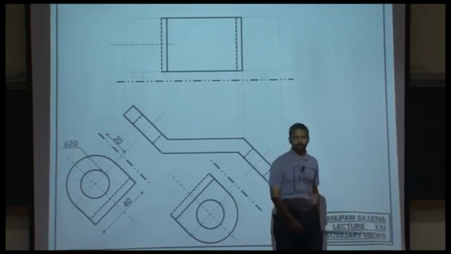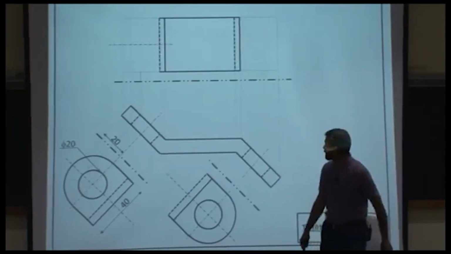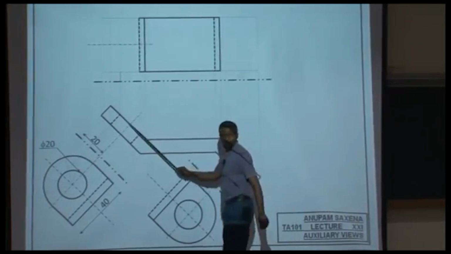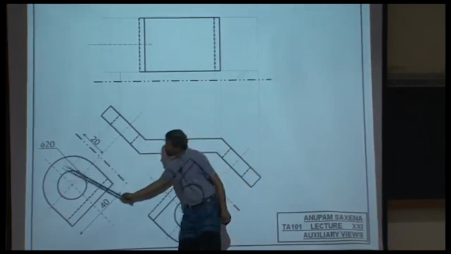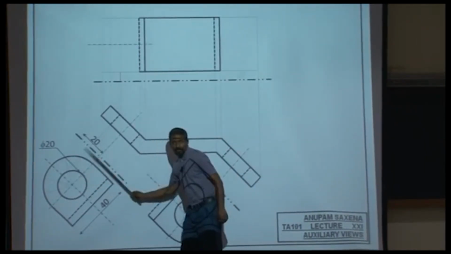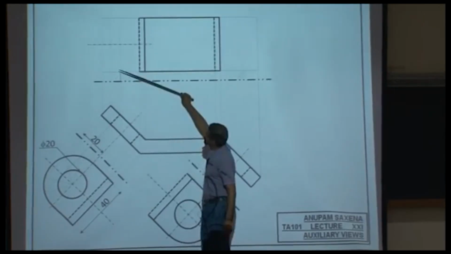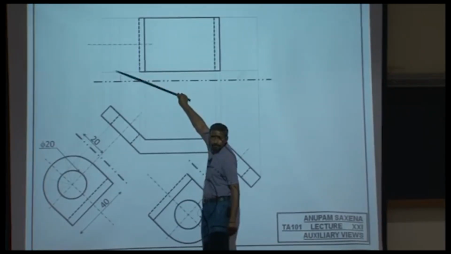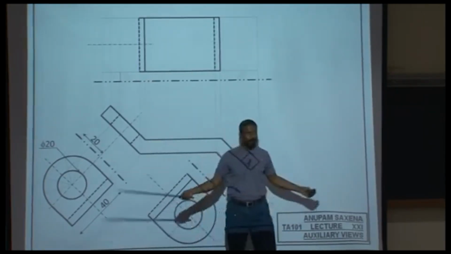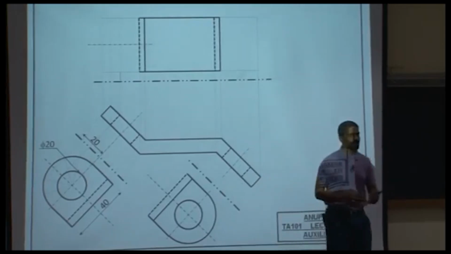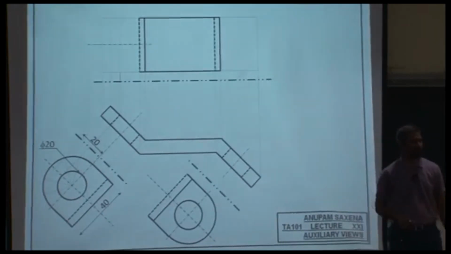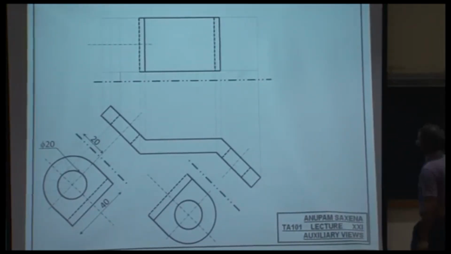Same thing, the concept of auxiliary planes. This view happens to be the common view. Get the distances from the auxiliary plane and then transfer all of them onto the top view. Straightforward. Clear? So I don't have to speak much.